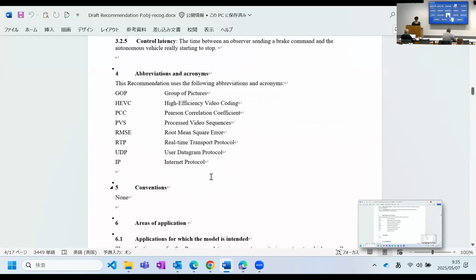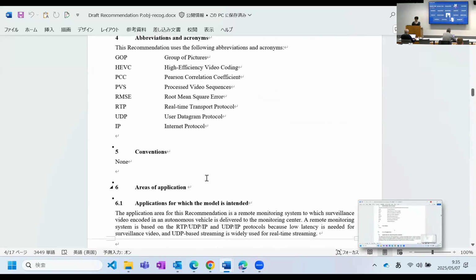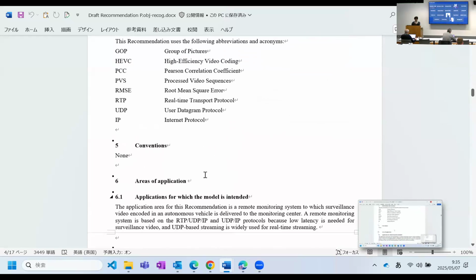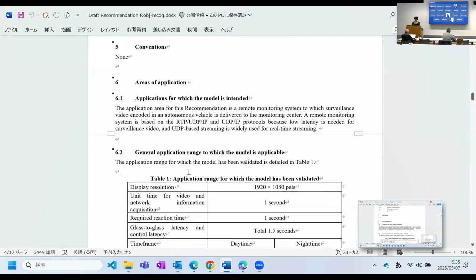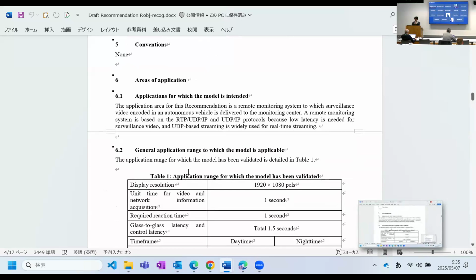Then we show the areas of application of this recommendation. The application area is the remote monitoring system in which surveillance video encoded in an autonomous vehicle is delivered to the monitoring center. Regarding the general application to which the model is applicable, it has been validated under certain conditions. The conditions are detailed in table 1 of this document.